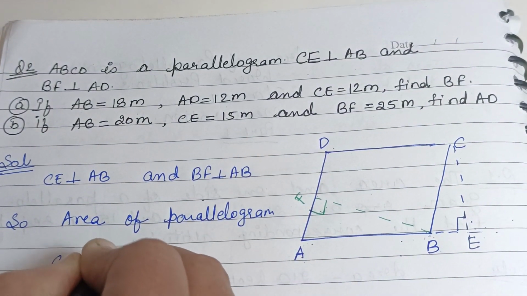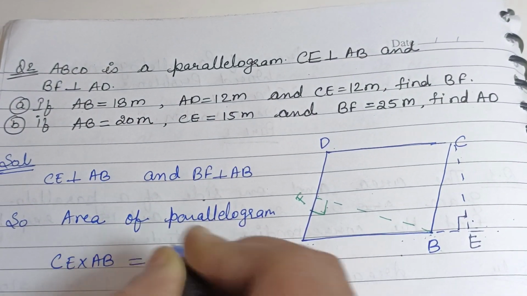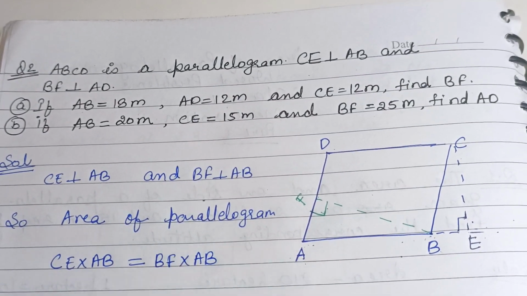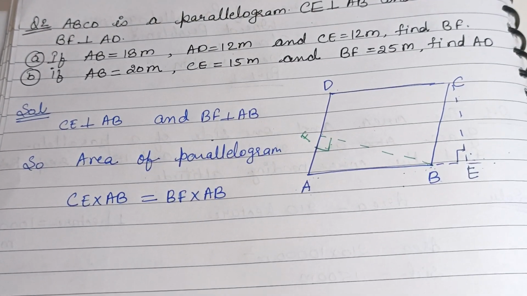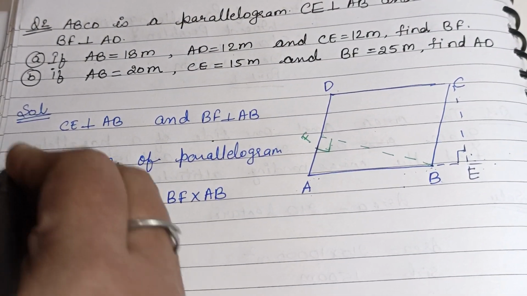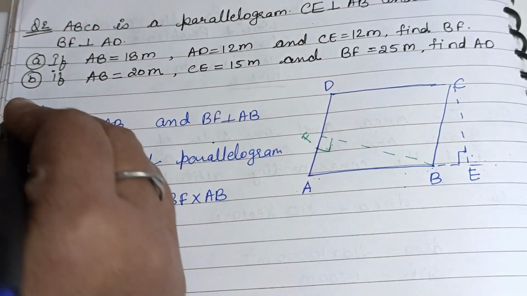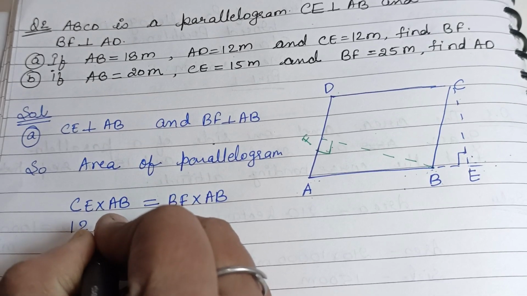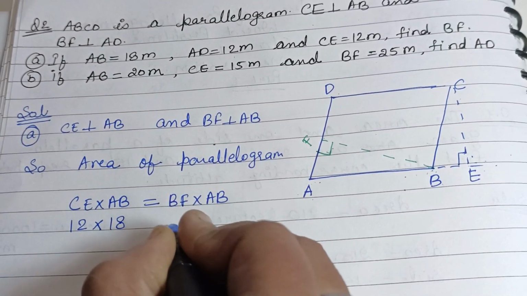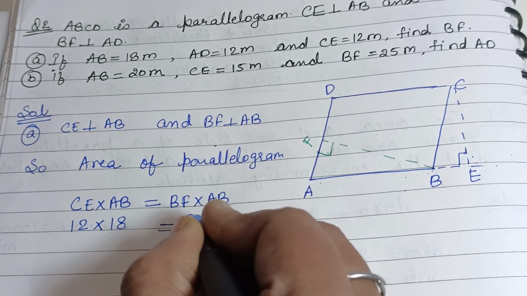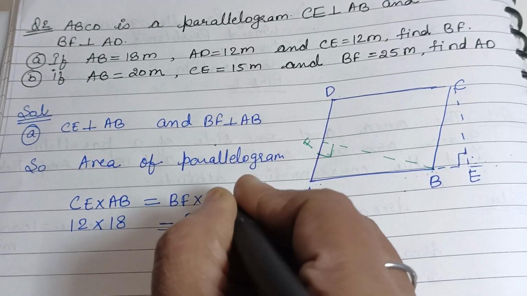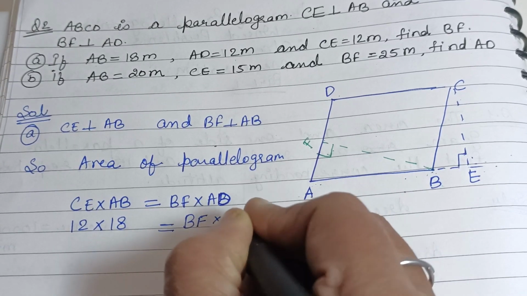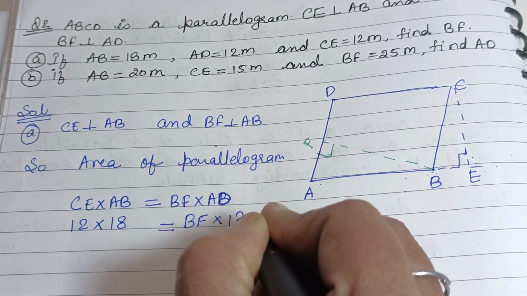CE multiplied by AB, or it can be equal to BF into AB. Right. Now I know what is the value of CE. For the A part, it is 12 multiplied AB is 18 equals to BF, I don't know, BF into AD. BF I need to find out, and AD is 12.